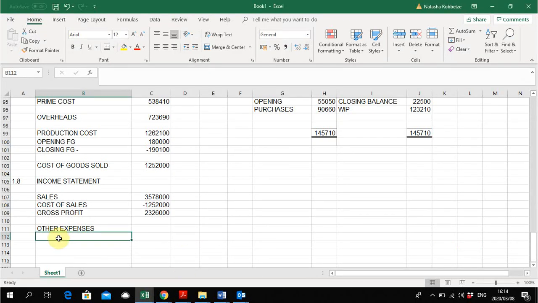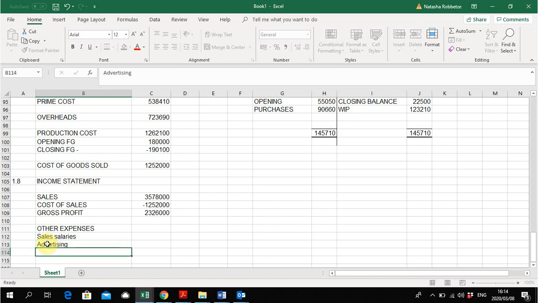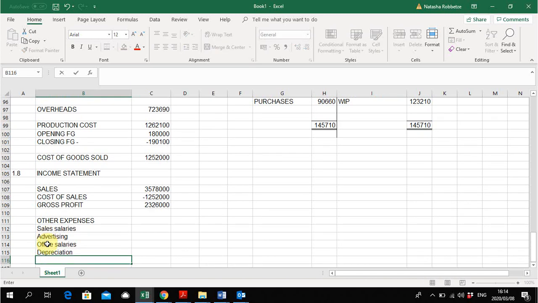Now I just need to add them up properly. Sales salaries, advertising, office salaries, depreciation, telephone, selling expense.